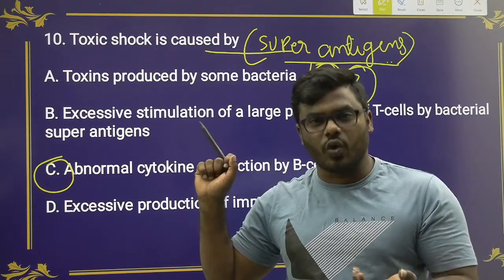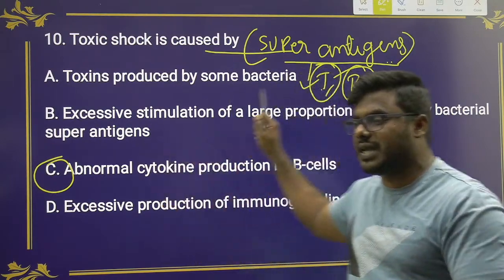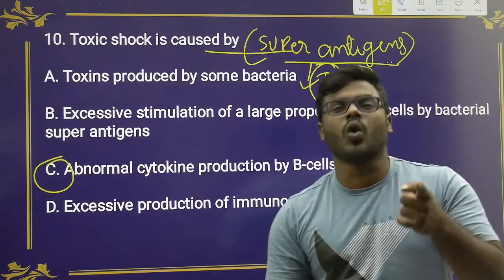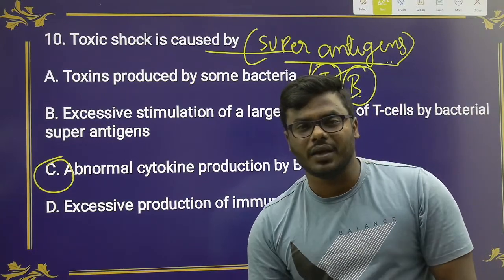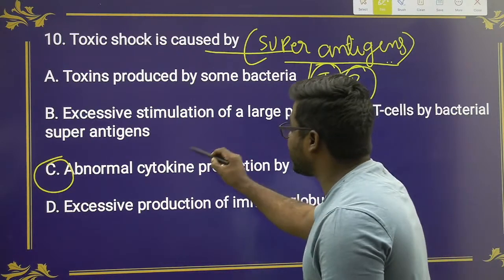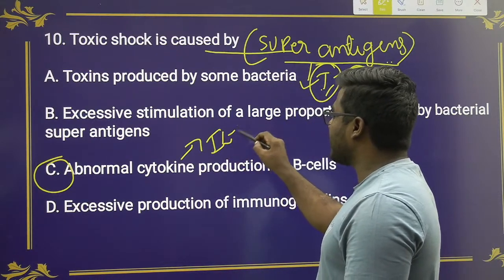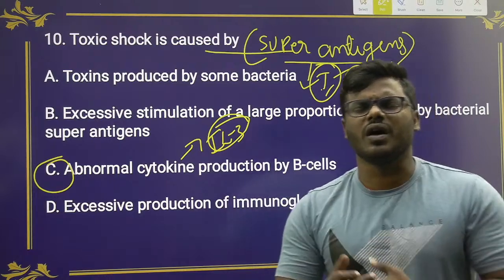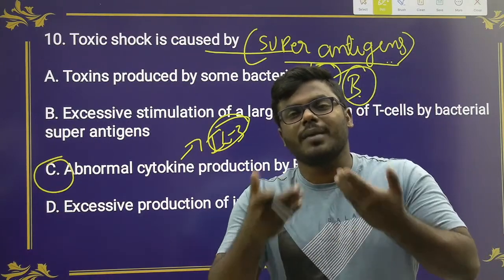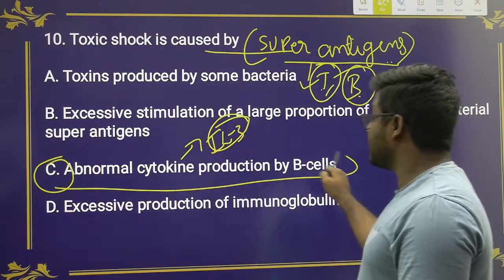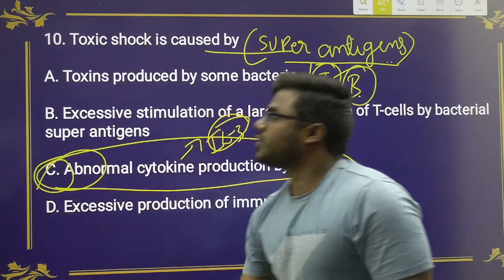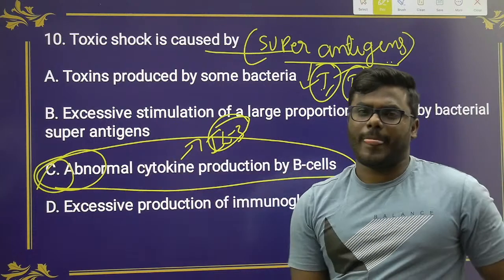T cells will get overactivated, but compared to T cells, B cell activation will be more. As a result, there is abnormal production of cytokines, especially, friends, interleukin 3 will be produced in greater amounts compared to normal. Hence, the correct statement will be C. Question number 10, option C.